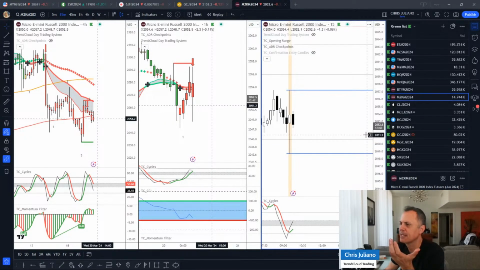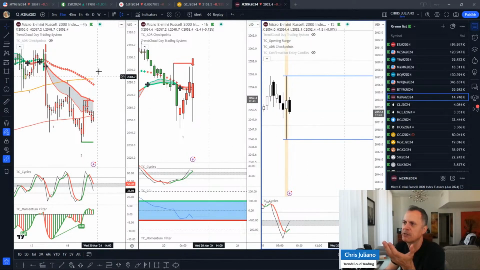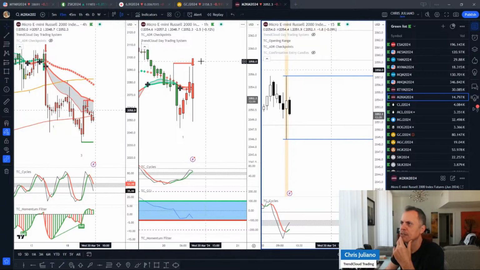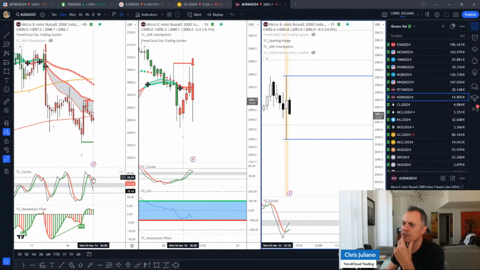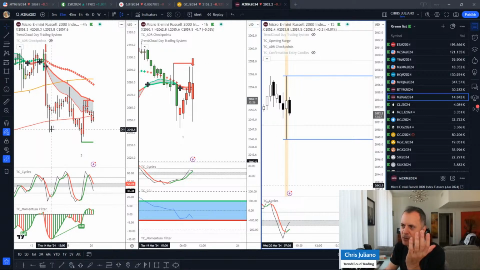If I had to take a guess, I'd say it breaks to the downside because of all of this, right? You've got downtrend, cycling down. Momentum is starting to head down. We've got bullish divergence, meaning we came down, hit the 200, bounced off of it.